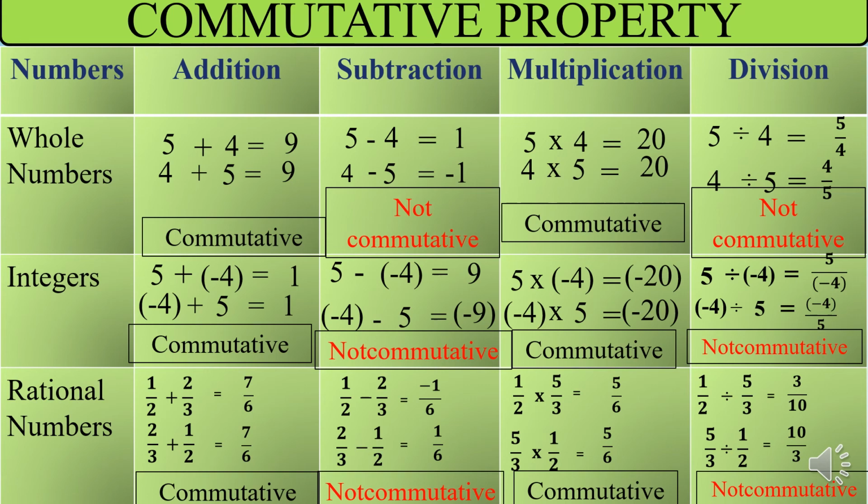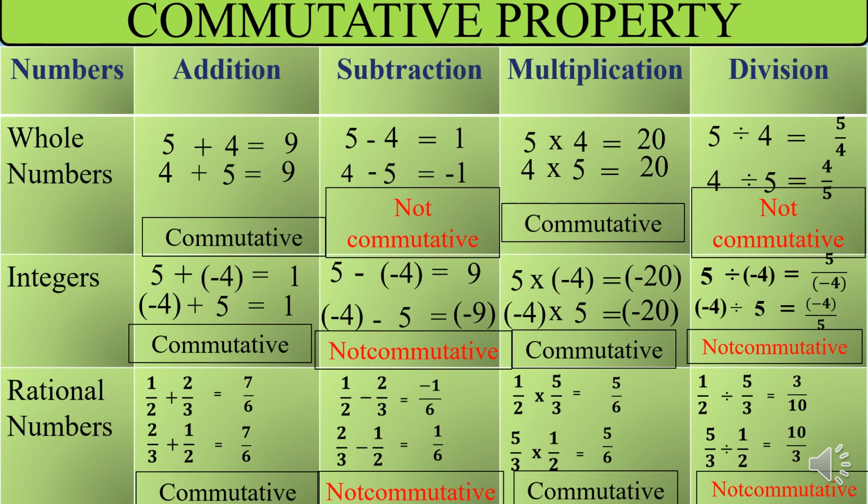So, from these examples, we can say that addition is commutative for whole numbers, multiplication is commutative for whole numbers, but subtraction and division are not commutative for whole numbers.